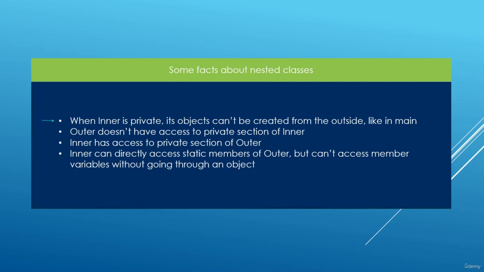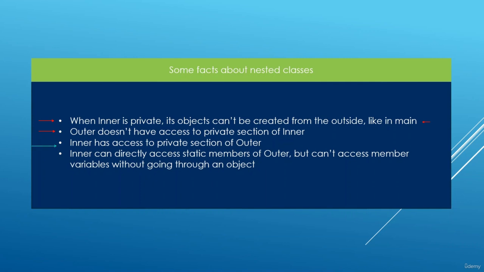When the inner class is private, its objects can't be created from the outside, like in main. If you do that, you're going to get a compiler error because you are trying to access something private to the object. The outer class doesn't have access to private members of the inner class. So this is a setup we have, and you're going to have this if you set up inner classes inside outer classes.